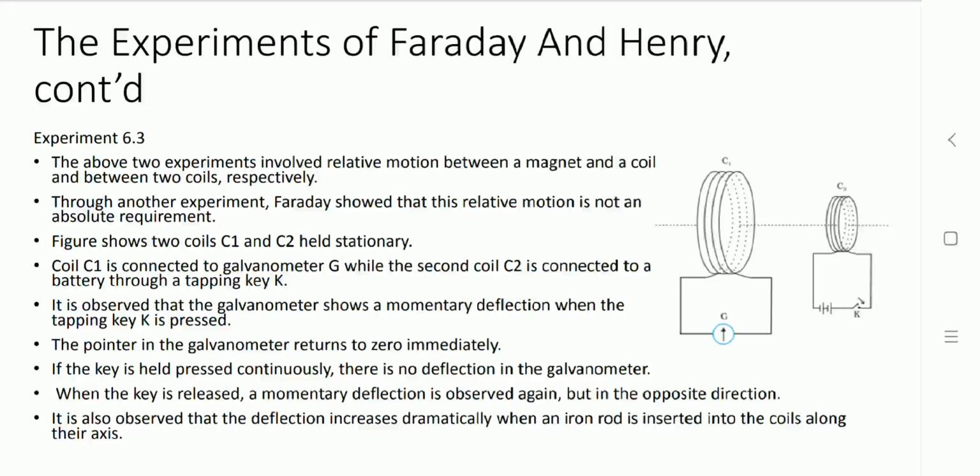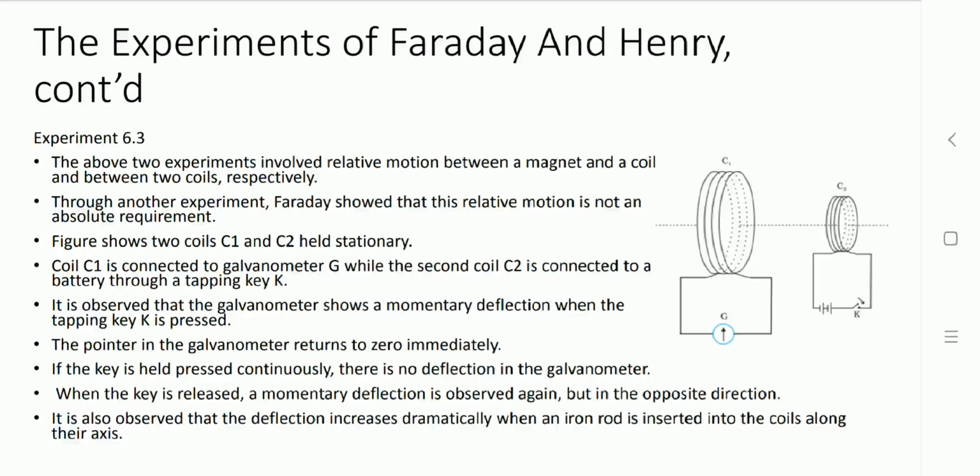From the center of C2 and C1, we take one common rod, which we are going to rotate. As key K1 is pressed, current starts to flow from C2 and the rod is rotating. Based on that, the effect is available over C1 and we observe deflection in the galvanometer.